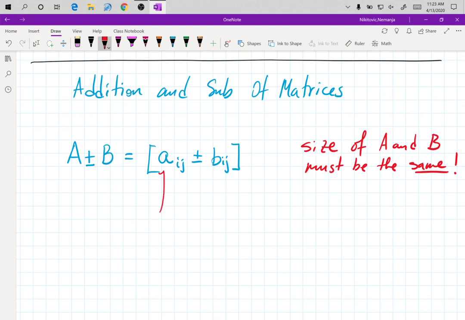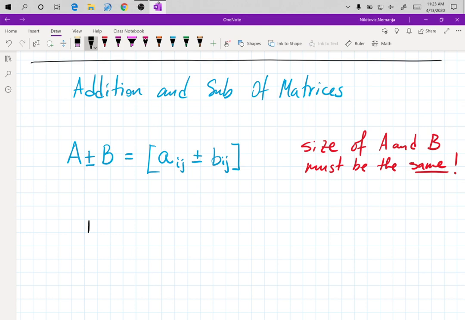See, the value of the entry, the element, the member, right, could be different because they are A and B. But the locations you are adding are always the same. So that's what is encoded in the formula, that they have to be the same size. And then you just add or subtract corresponding locations in the matrix.